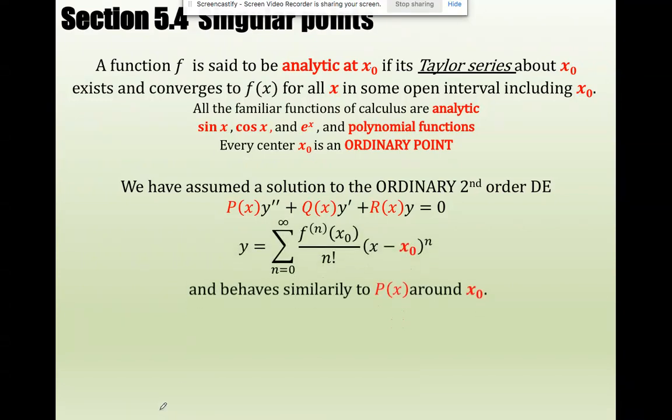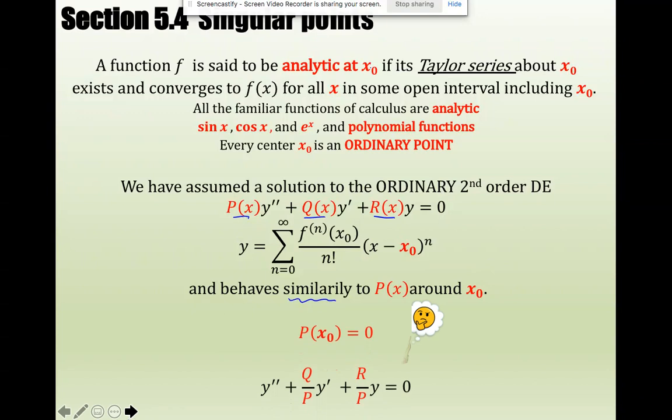So again, we've assumed the solution to this second order differential equation, with functions in front of our y double prime, y prime, and y, is a power series expansion about this center, and that this solution behaves similarly to the function in front of y double prime around that center. But what happens when I plug in x sub 0 and I do get 0?